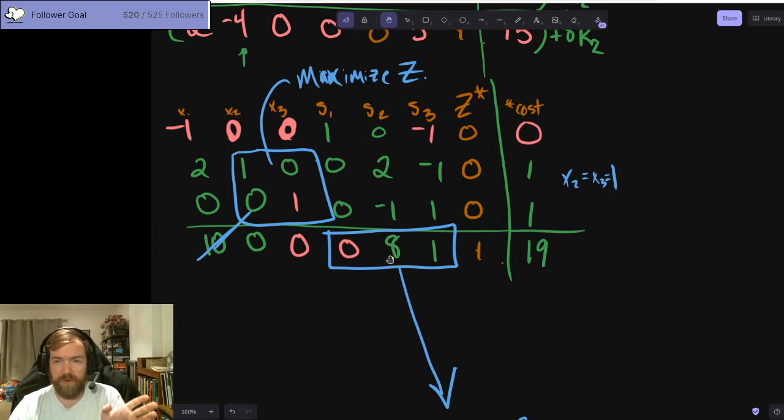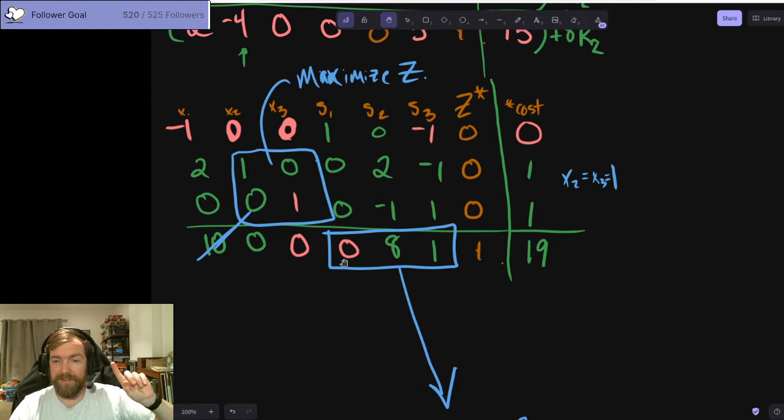If x1, s2, and s3 are anything other than 0, then the value of z itself is going to be less than 19. So let x1, s2, and s3 be 0, and it knocks them out completely, and then x2, x3, and s1 have some sort of value, which we are going to try to find.